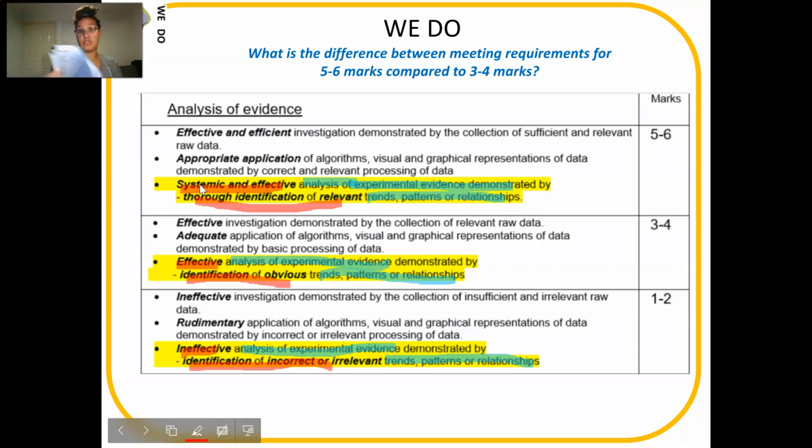Effective: producing the intended, desired, expected result; meeting the assigned purpose. So if you're going to analyze something, we want it to be done effectively, because it's the intended purpose of what we're trying to do. If it's systematic, it's done with logic and consideration. If it's effective without the logic and consideration, or ineffective, it's not done well.